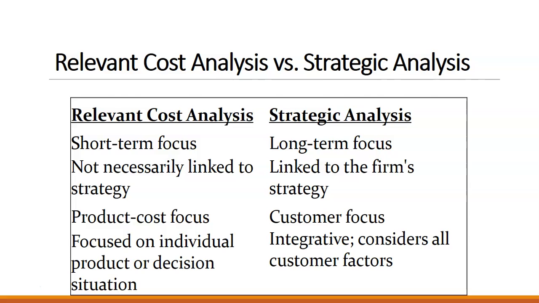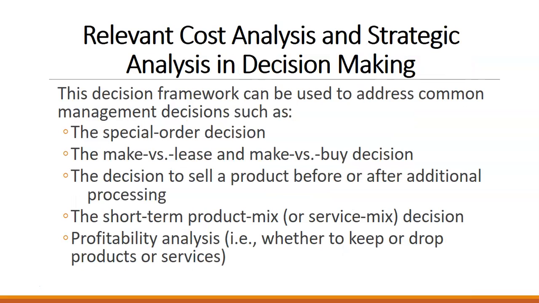We're going to look at several different relevant cost analysis management decisions. The common decisions are whether or not to accept a special order, whether or not to lease or buy, the decision to sell a product before or after additional processing in the joint processing decision, if we sell at the split off point or process further.